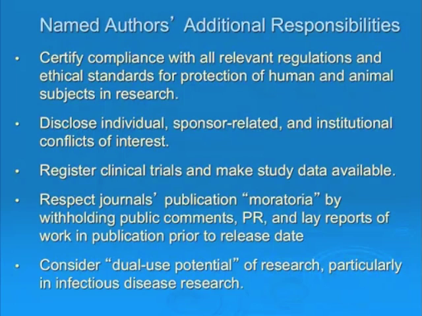You absolutely need to disclose conflict of interest, both financial and often other kinds for some journals. Interpersonal conflicts of interest, questions of whether you might have other papers out on the topic. You need to make the study data available by registering any clinical trial and by providing the paper, if it was funded by federal grant, available through the National Library of Medicine afterwards.